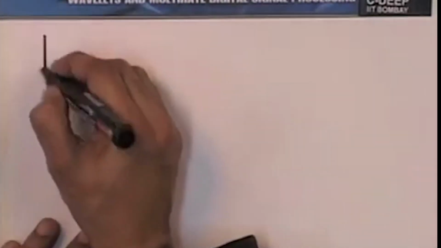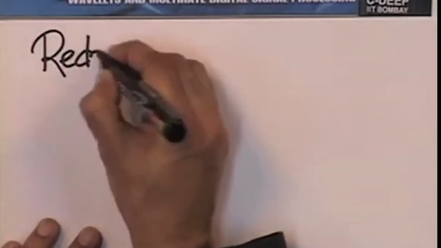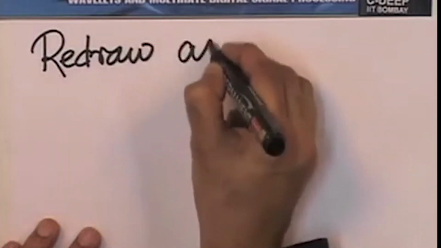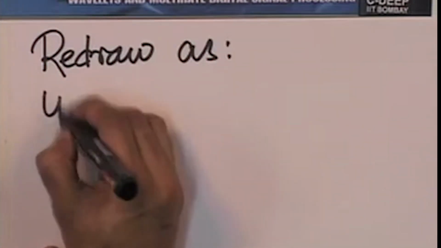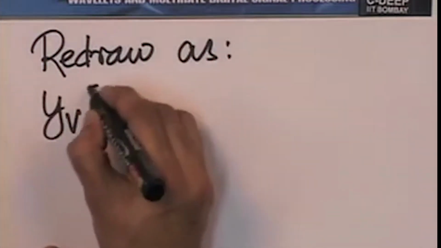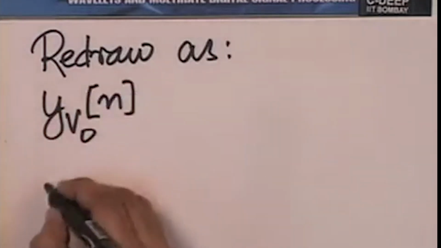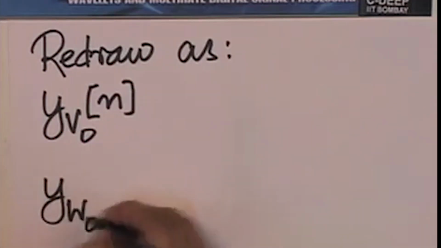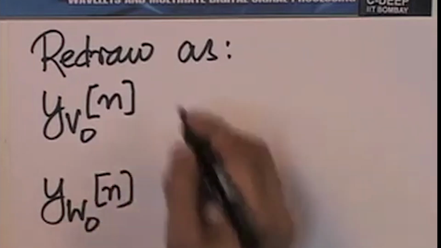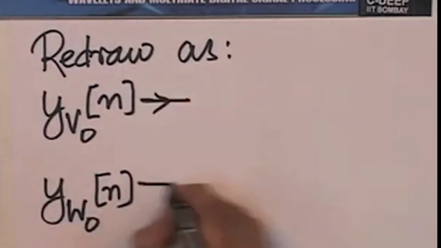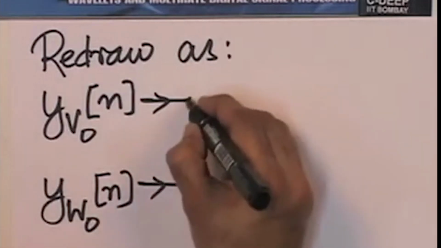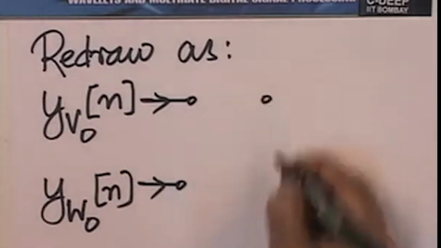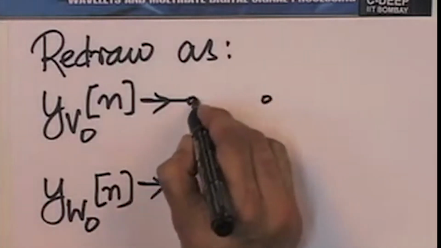So, let us replace this. Let us redraw this. So, we have a sum and difference branch here.